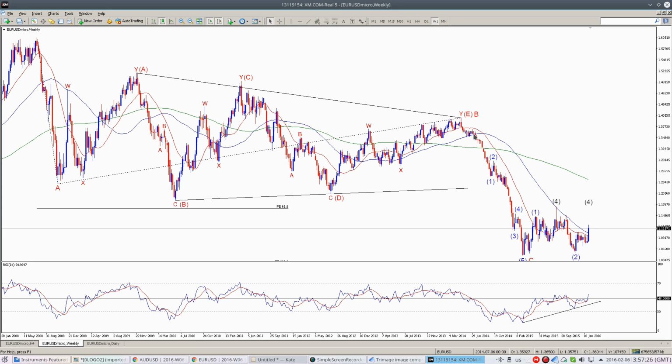Also, if we look at the momentum indicator, the 14-week RSI, we see that during this period here it has broken above the 48 level, and during those attempts to move back below, it was testing this level until it finally broke it here with this large candle.